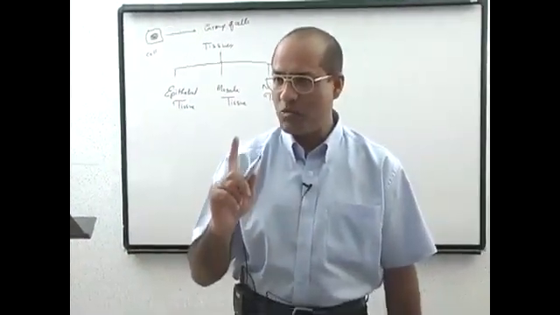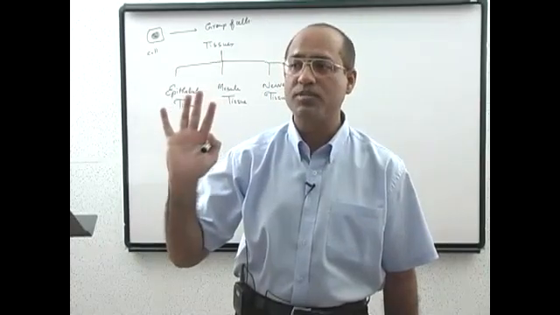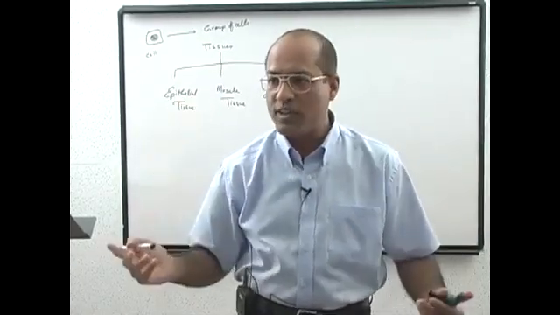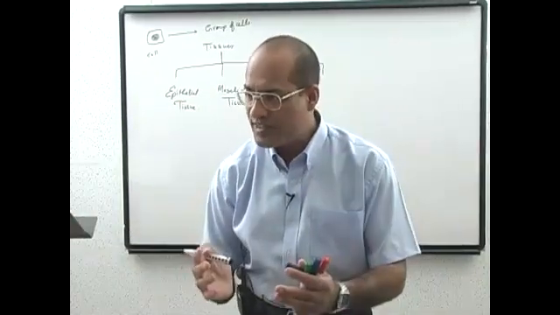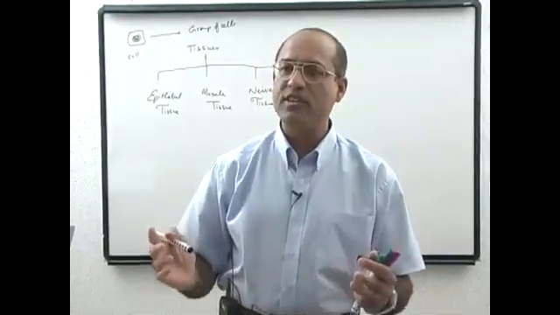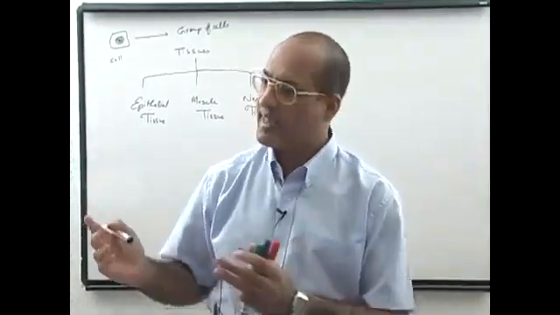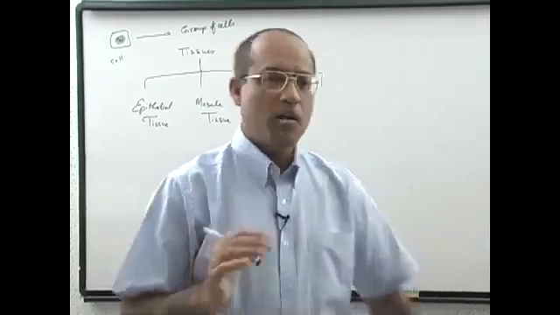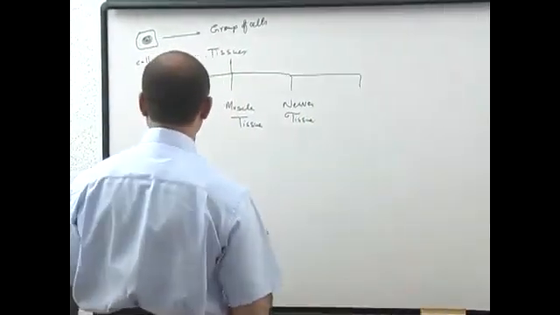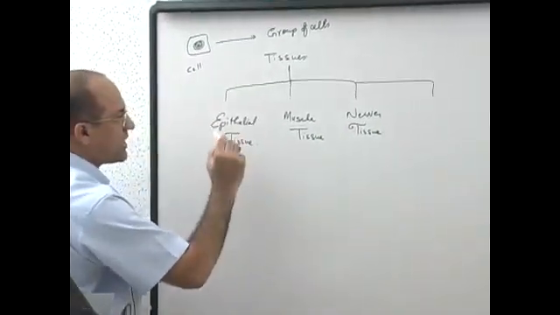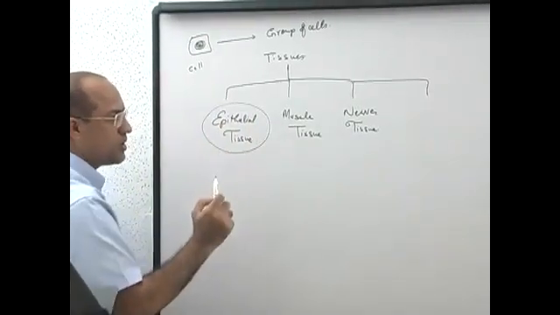Again, listen. The body basically has 4 types of tissue. Is that right? What are tissues? Tissues are made of cells and they have specific structural and functional characteristics. Right? Primarily, human tissues are divided into 4 categories. One is epithelial tissue. Is that right?